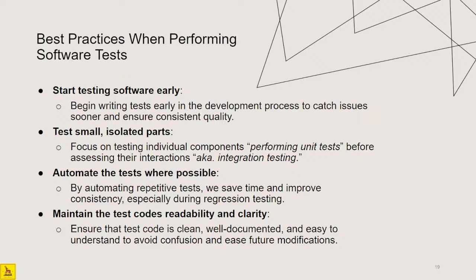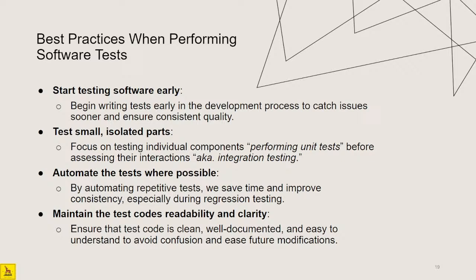We're going to test small isolated parts. So we're going to focus on testing individual components as we're performing our tests, which are unit tests, before assessing their interaction with the system, aka integration tests.